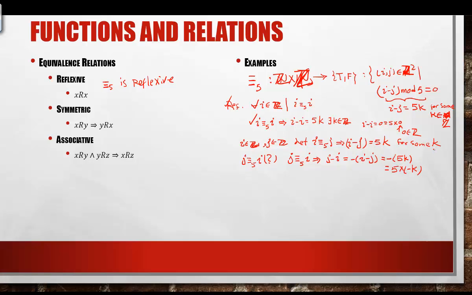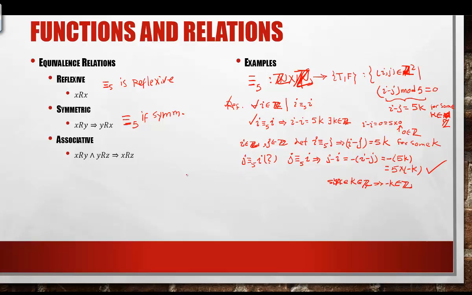Now, since k belongs to Z, the set of integers, then negative k is also in Z. It's an integer, so that checks. So then we just proved that mod 5 is also symmetric.